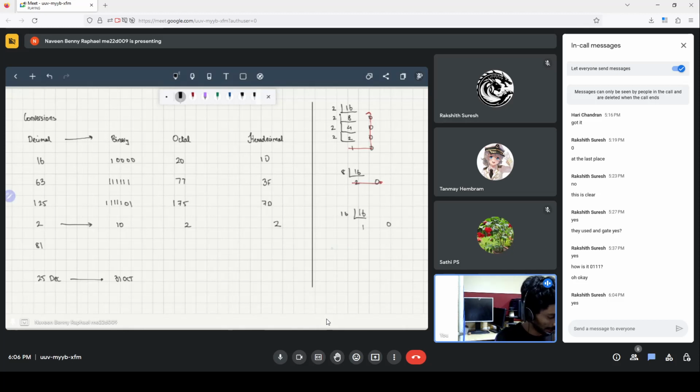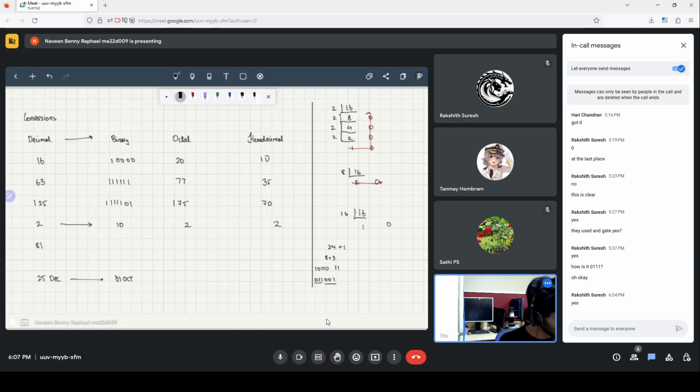So 25 is 24 plus 1. 24 is 3 multiplied by 8, and 8 is 1 0 0 0, and 3 multiplied by 8 is 1 1 0 0 0. So 24 is 1 1 0 0 0 plus 1, so this is 25. In octal, we take groups of 3.